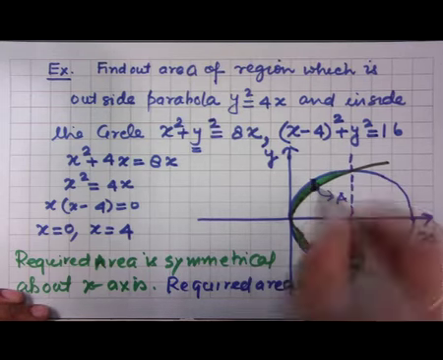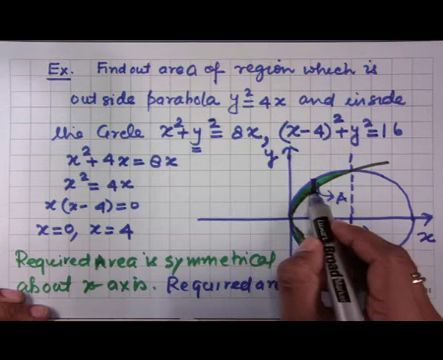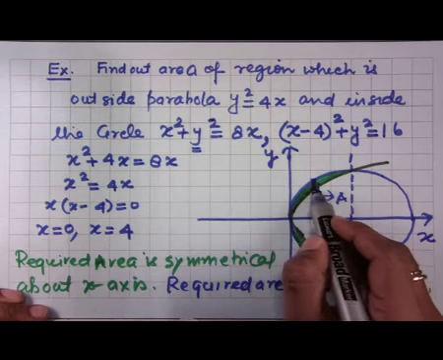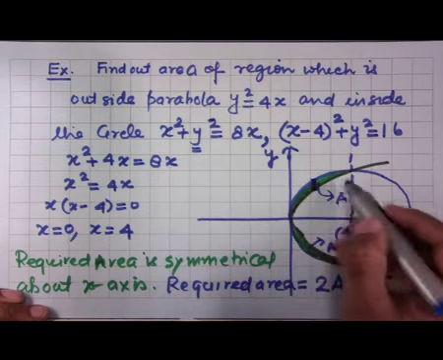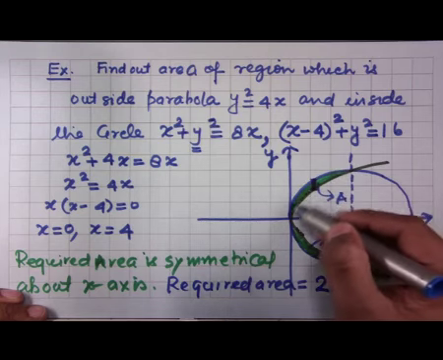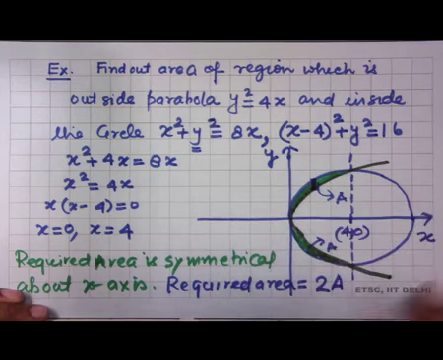So, if this is the elementary strip of dx width, height will be the value of y from the circle minus the value of y from the parabola.